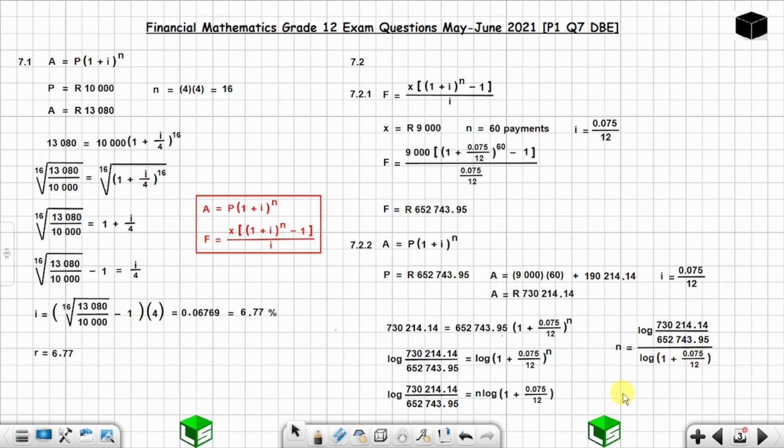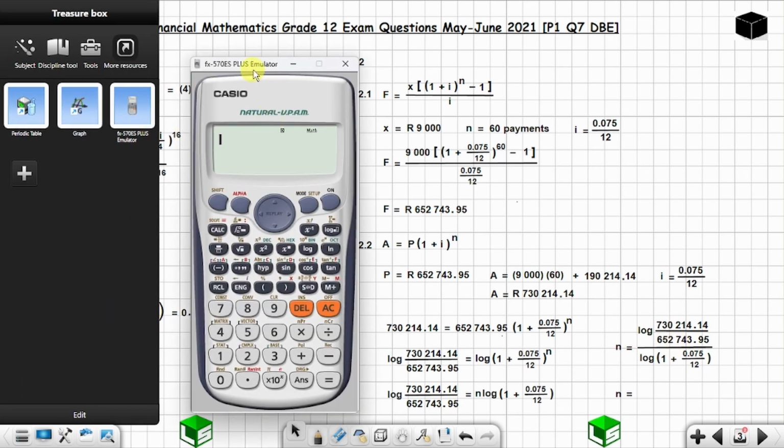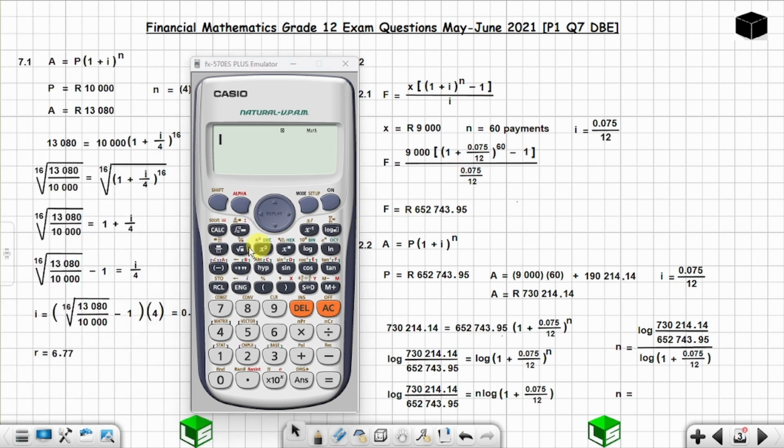N is equal to, let's plug this in the calculator. I'm going to use my emulator. So I have this, log of this. I hope you can follow. You can see that over this 652,743.95.